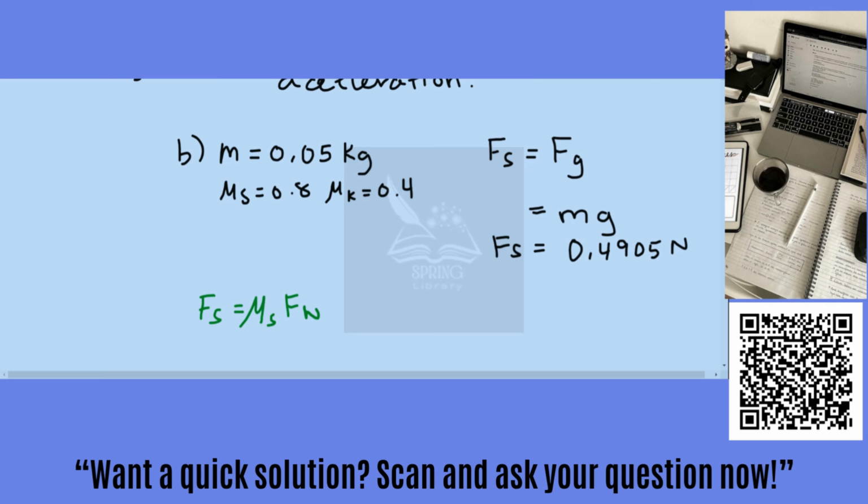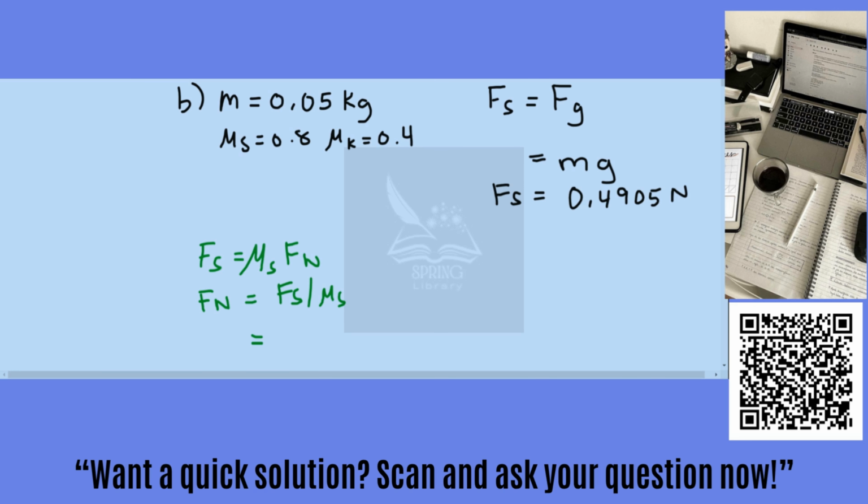And this is the value that we do want to use because that will give us the minimum amount of normal force that would be needed. So let's see. We want to calculate normal force, so we're going to isolate this for normal force. So this is just Fs over mu s.